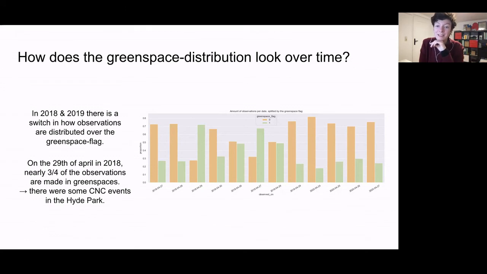And something really interesting also is that in 2020, over all days of the City Nature Challenge, most of the observations were made in non-green spaces, which may again be due to COVID-19 and the pandemic restrictions. So yeah, that's it from my side.